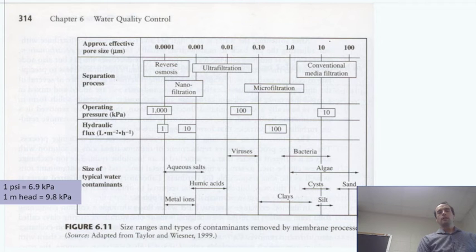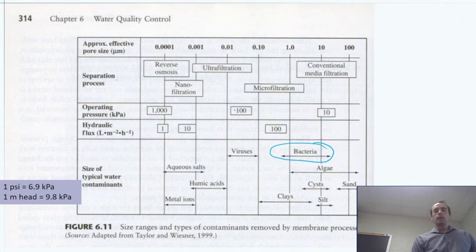The granular media typically have pore sizes on the scale of tens to maybe 100 micrometers, so maybe as low as several micrometers. So really not enough to get bacteria, if bacteria are typically on the scale of up to 1-ish micrometer. So you see here, bacteria, okay, yeah, maybe we can get some of them, larger ones, but definitely we're not getting all the bacteria by granular filtration. In fact, most granular filtration won't do a good job at it at all.